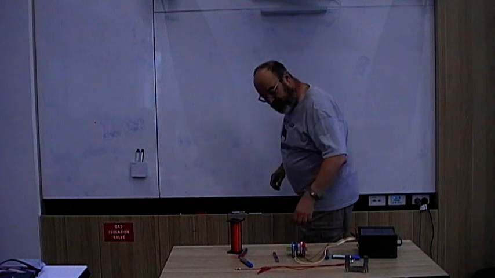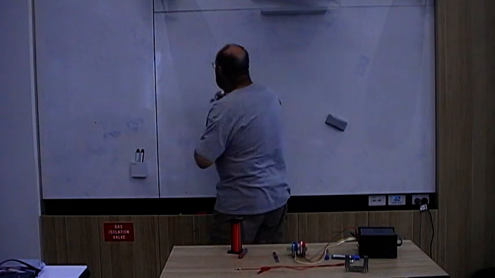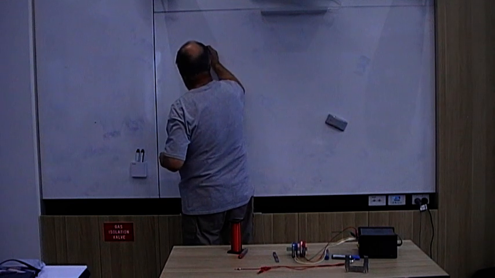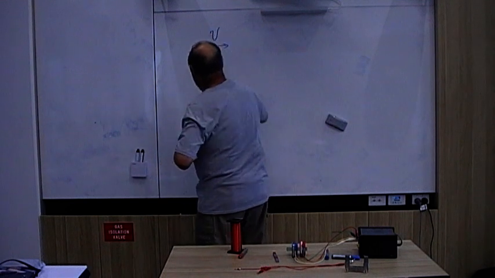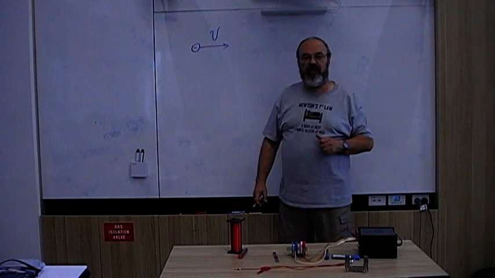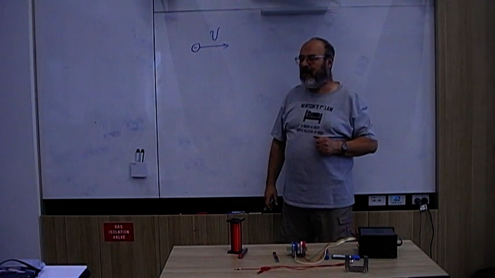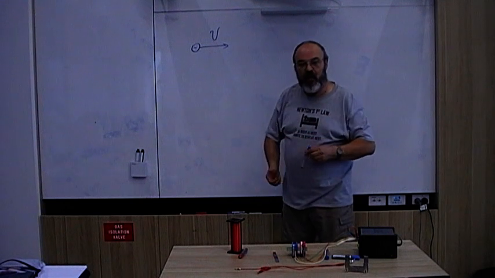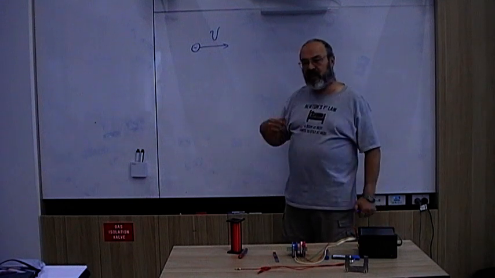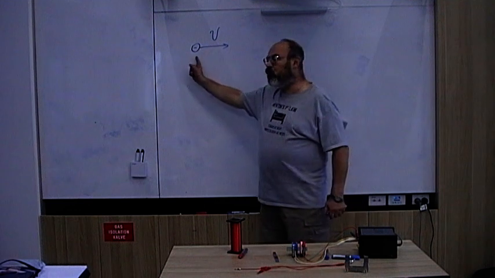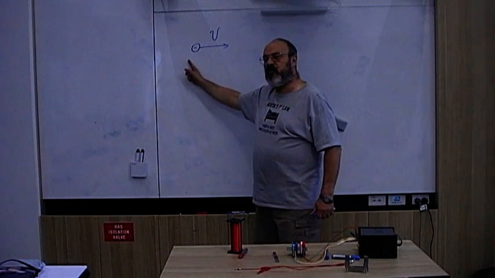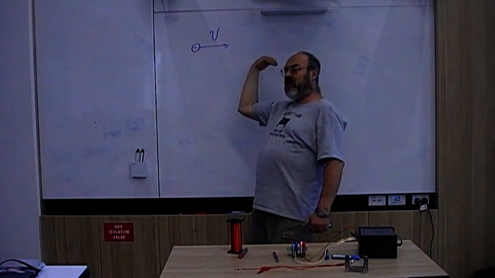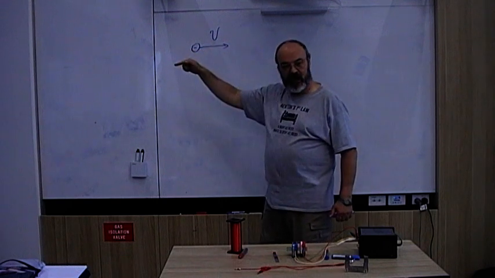So if we have one electron moving this way, in which direction will the current be? To the left, because we say the direction of the current is where the positive charge goes, from plus to minus. Electrons will be flying to plus. So if the electron is moving this way, the current is that way.